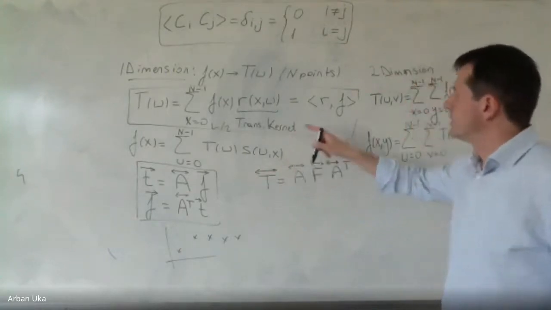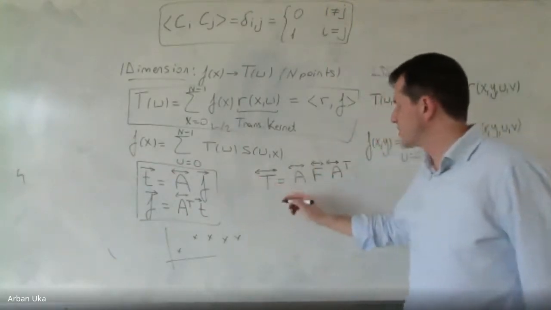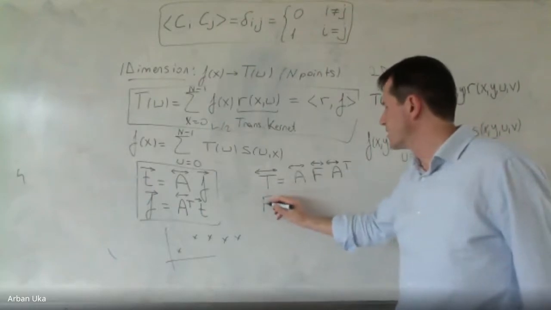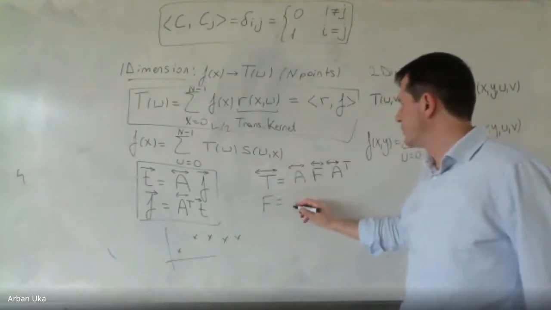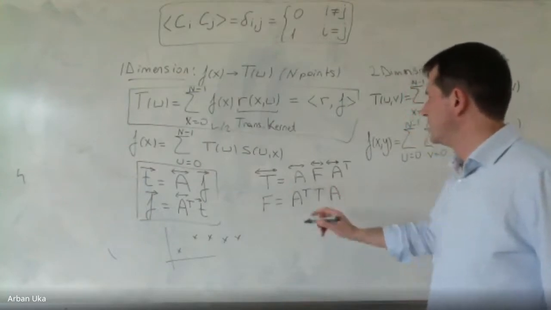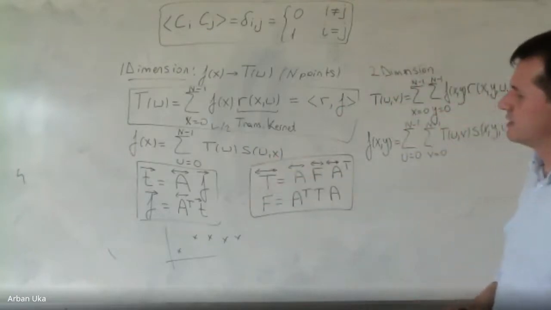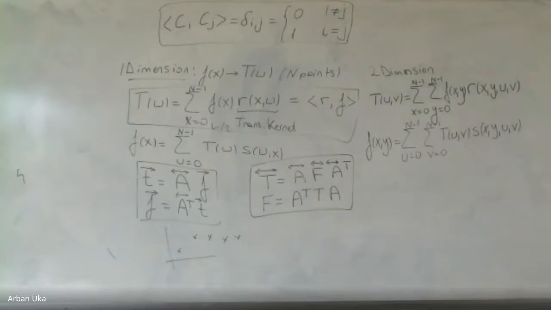So this is how we can go from 1D to 2D. The inverse transform, in matrix representation, goes like this: F will be equal to A transpose times D times A. So this is the general idea of how we can change from one domain to the other.